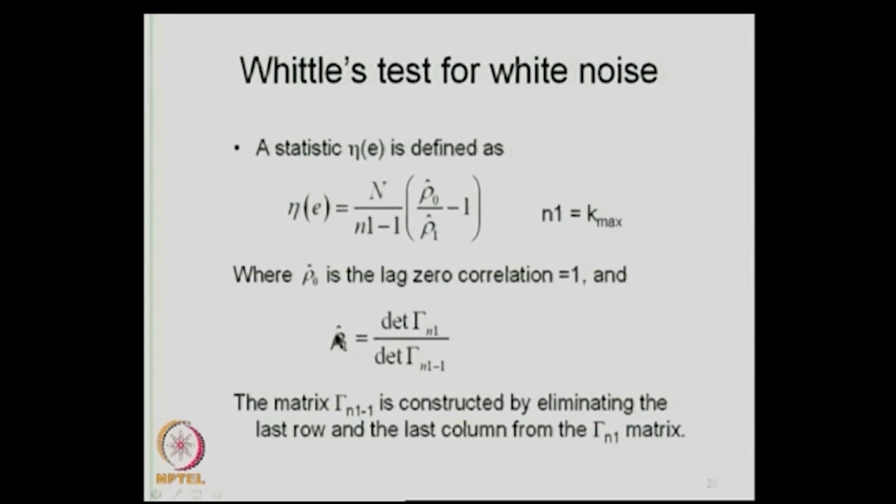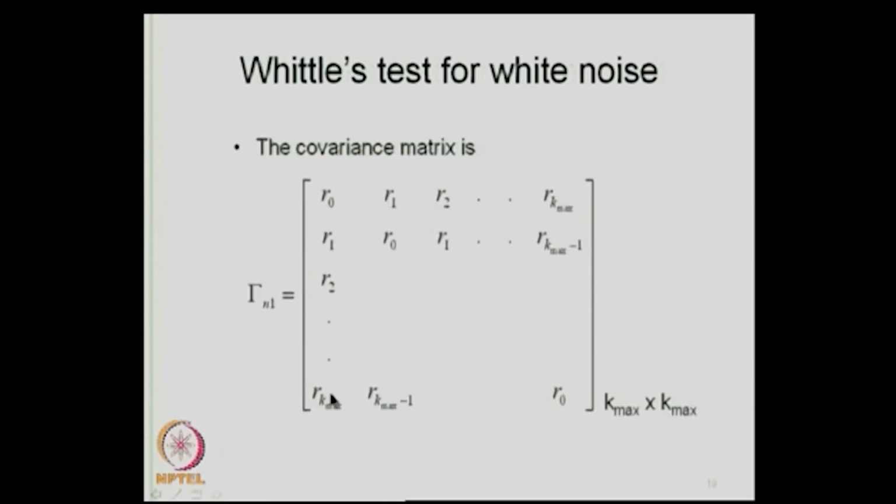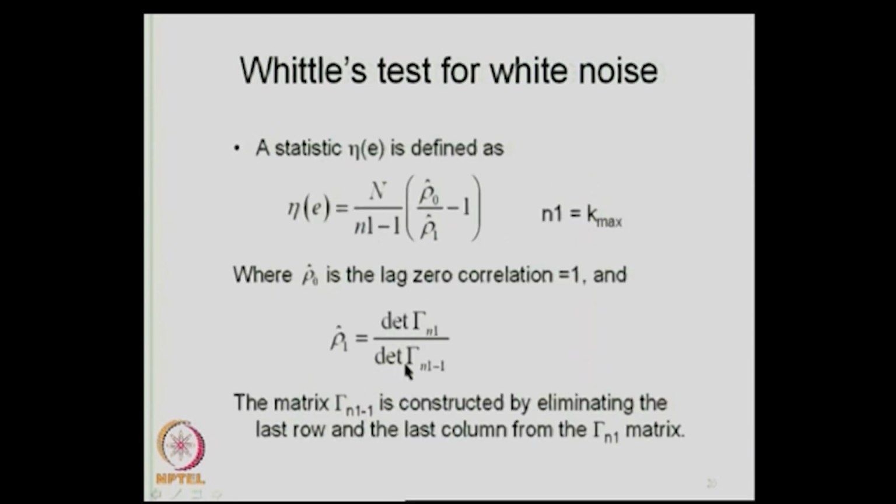So, you can formulate rho1 cap. You know n here, n1 is known, k max, rho naught is 1, and rho1 cap is calculated by taking the determinant of tau n1, then taking out the last row and last column, taking the determinant, and that defines the determinant of tau n1 minus 1. Therefore, rho1 cap is known and you calculate this particular statistic.